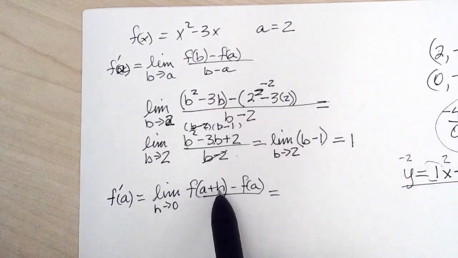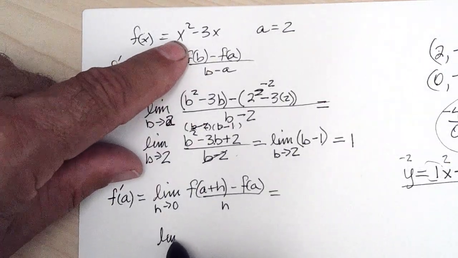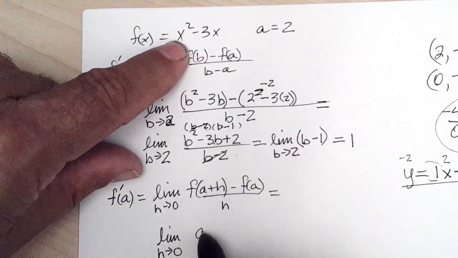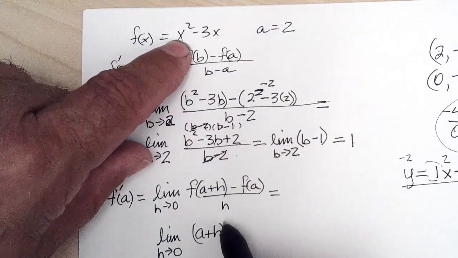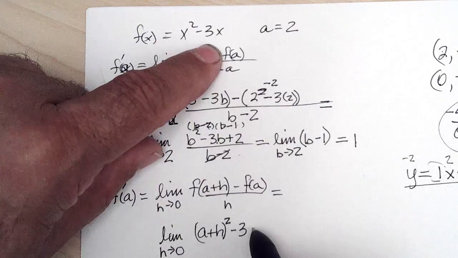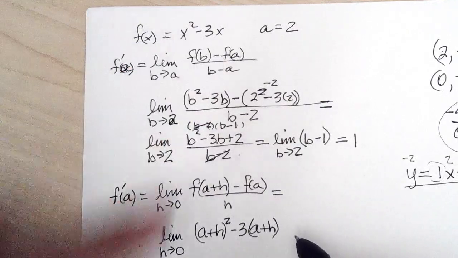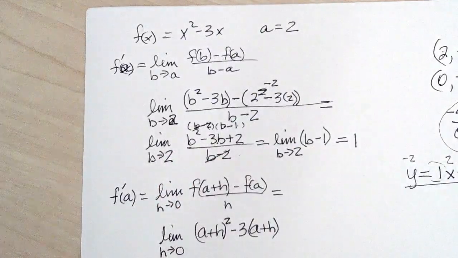So if we put a plus h in here, we haven't done the limit, so I have to write it. a plus h in place of the x's, so I'm going to have a plus h squared minus 3 times a plus h. That's a plus h put in for both x's.